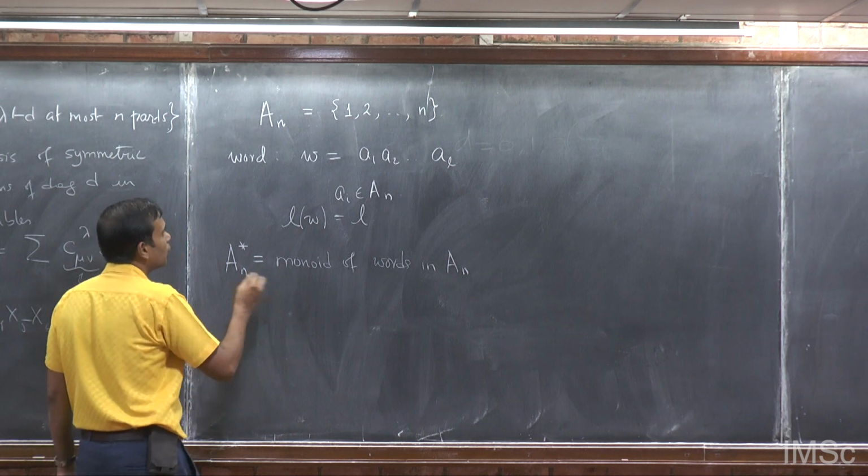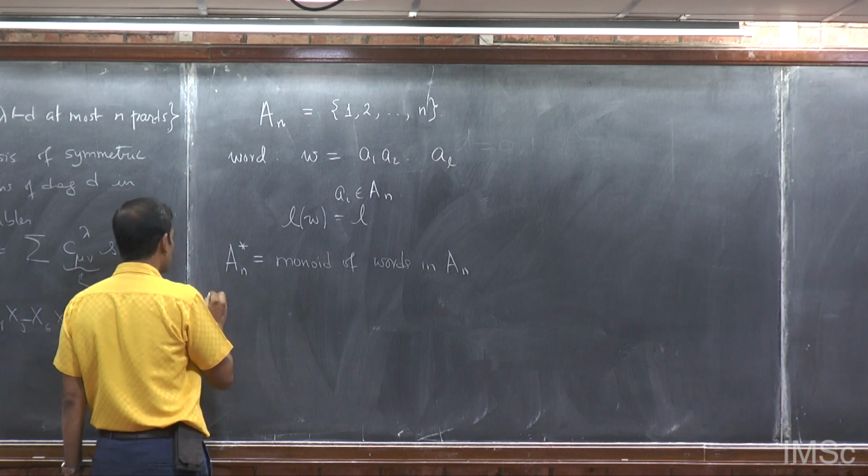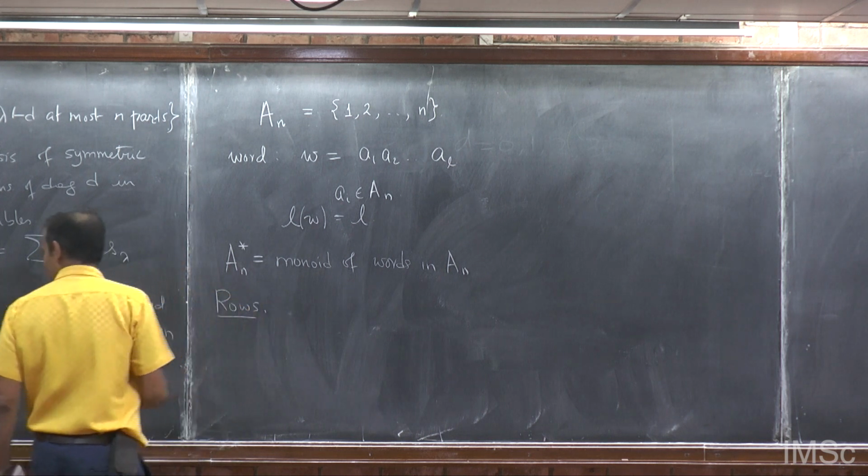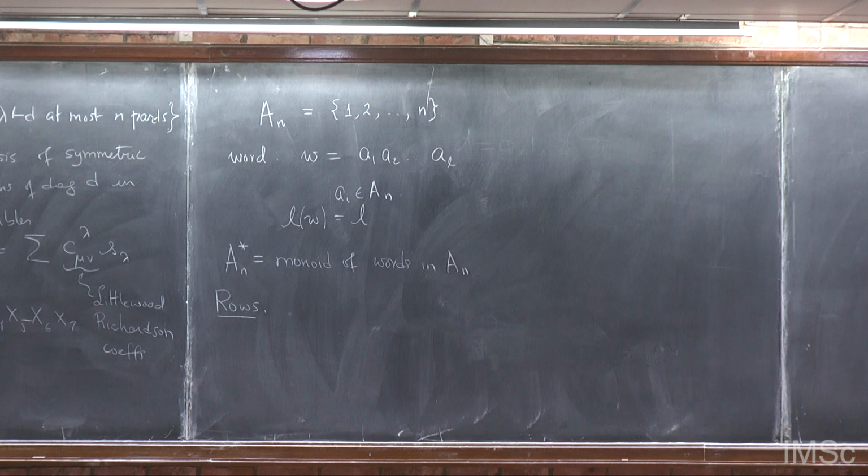We will look at some special kinds of words. There are words which are called rows. They correspond to rows in a semi-standard Young tableau, like 1, 1, 2, 3, 7, or 2, 3, 4, 5, 6.